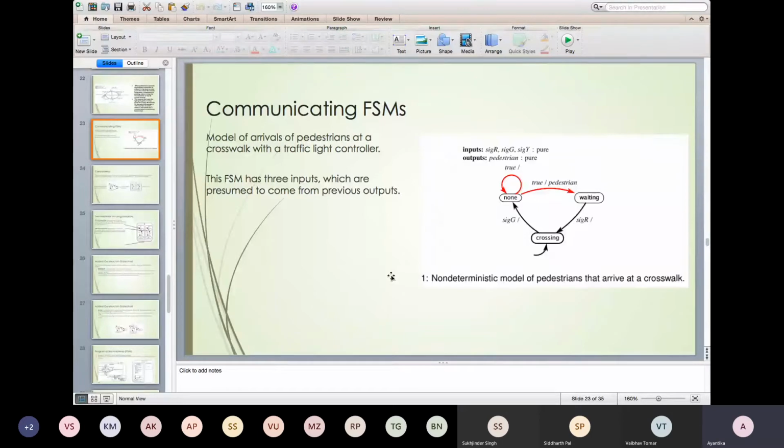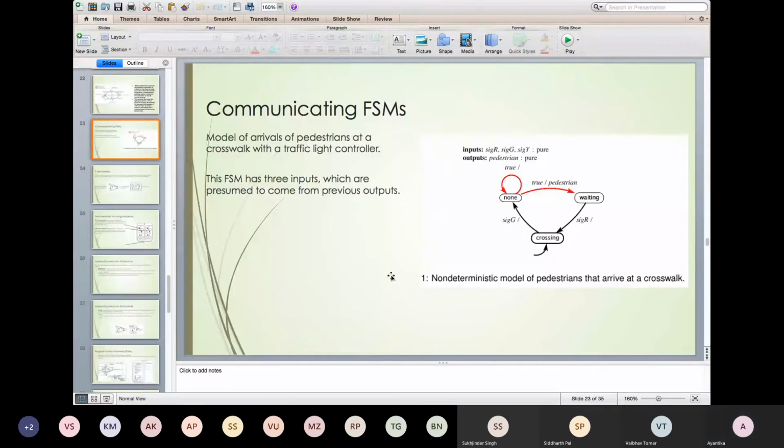The first state is waiting. Waiting means the pedestrian just came and pushed the button, so that is entering the waiting state. Now the pedestrian is waiting and checking whatever signals the traffic light controller is showing. When red is high, that is your transition condition, and the action is that the waiting state goes to crossing.